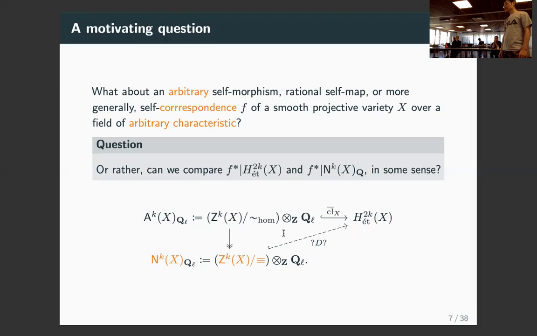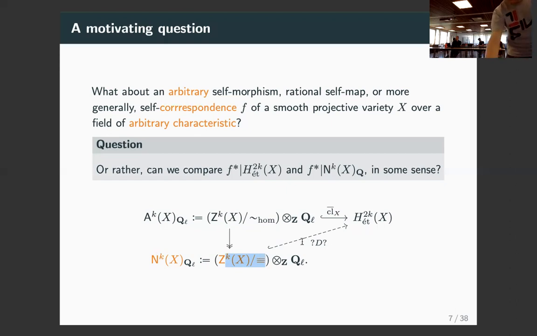The first one is the pullback of f on the 2k-th cohomology group, and the other one is the pullback of f on N^k(X). So N^k(X) is by definition the group of algebraic cycles of codimension k on X modulo numerical equivalence. So this is a finitely generated abelian group. If you tensor with a field, then you get a finite dimensional vector space.